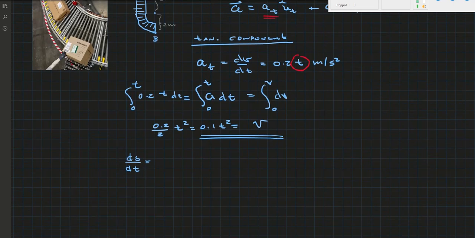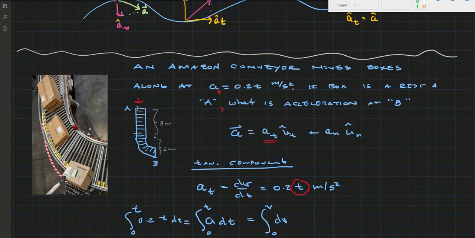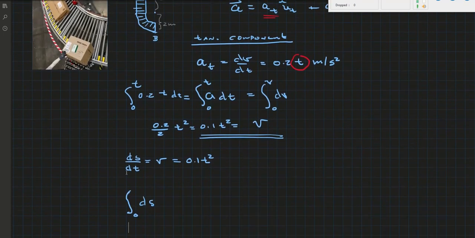So ds/dt equals v, and again we just derived this to be 0.1t squared. So let's do this integration now, and let's integrate ds from 0, our start, along the length 3 meters plus a quarter of a circle here.